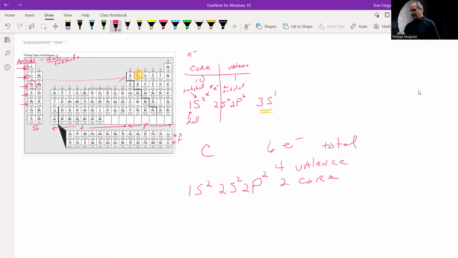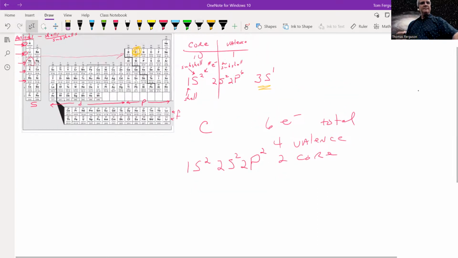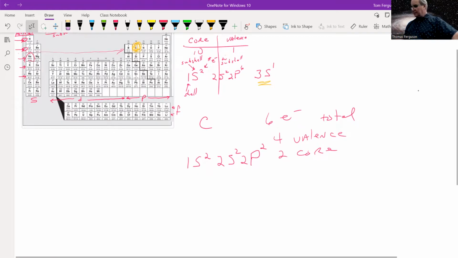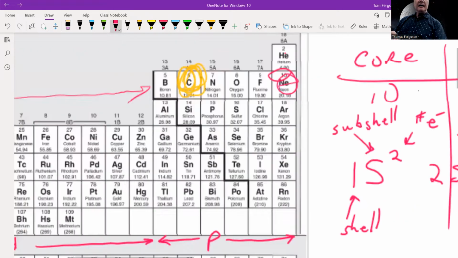Okay, all right. Let's do some more here. Let's do neon. Okay, neon is right here. So neon is also in shell number 2. And its atomic number is 10.